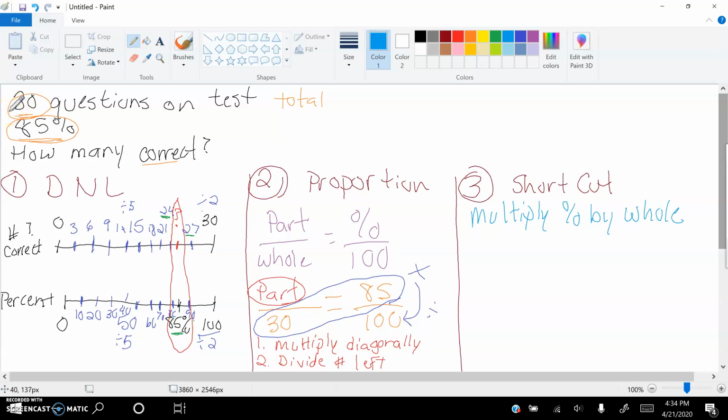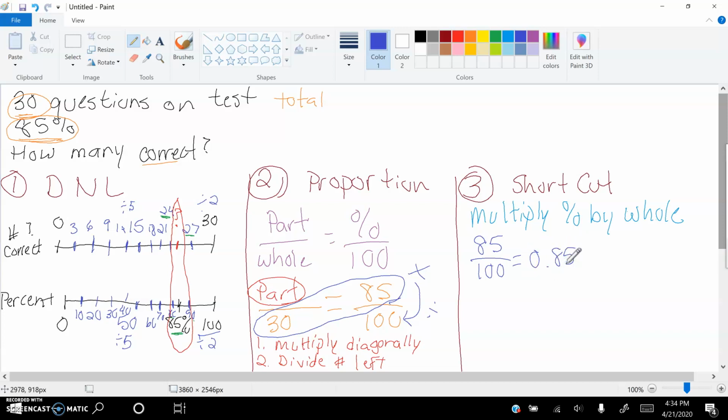But we're not just going to multiply 85 times 30, because to represent this percentage, we have to write this as a decimal. So 85%, just like we see in our proportion here, really means 85 out of 100. If you type in your calculator 85 divided by 100, you get 0.85.